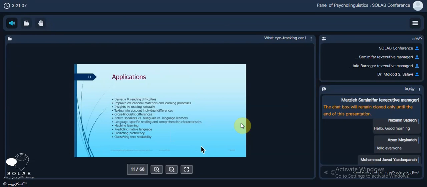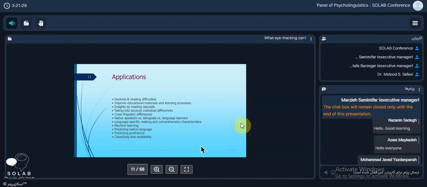How do we use eye tracking in different fields of science of language, in medical, in literature, for language processing, reading, listening? All of them are suitable for eye tracking.